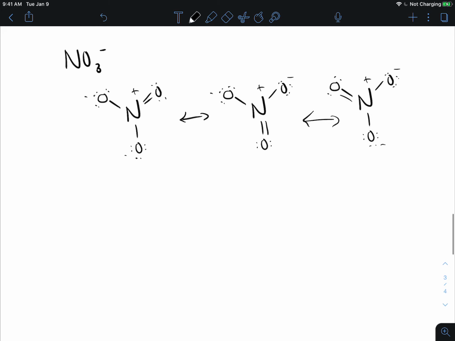And then our hybrid would look something like this, where we've got those floating electrons or delocalized electrons moving from place to place.